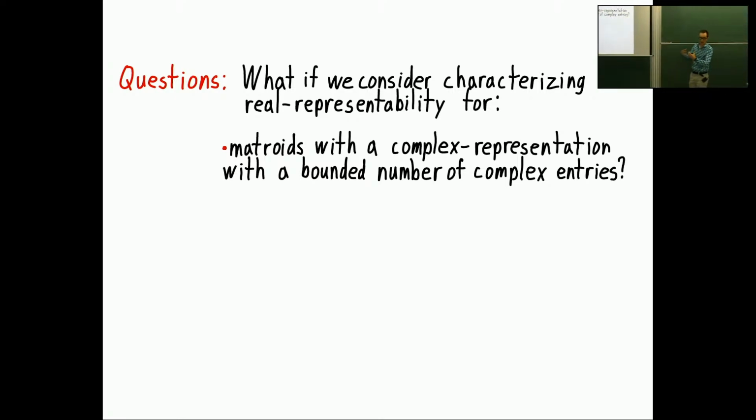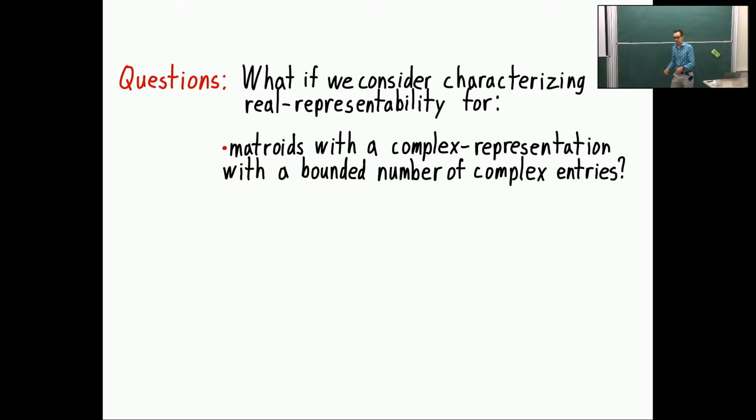Or if you know that of the non-zero entries, 99% of them are real. So this is a more interesting computational setting potentially. And if you have representations, that would be more interesting from a computational standpoint.